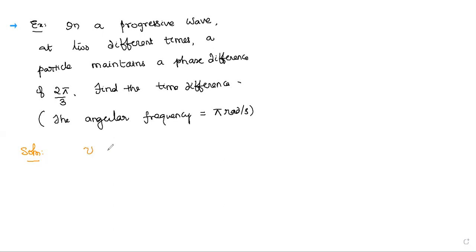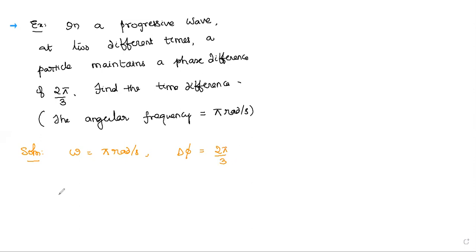Is it nu or omega or the time period? Omega, right? Very good. So angular frequency is omega, given that omega is equal to pi radian per second. And the phase difference is given as 2 pi by 3.